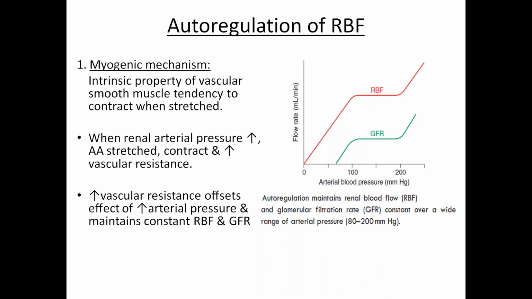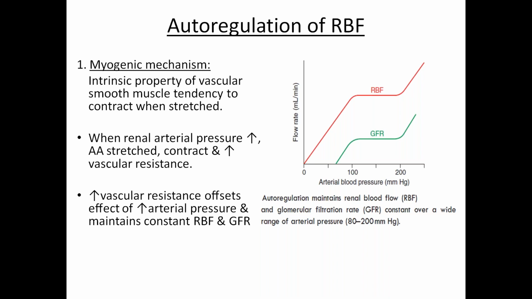Now there are two basic mechanisms of autoregulation. One responds to changes in arterial pressure and the other responds to changes in sodium chloride concentration of tubular fluid. Autoregulation is a very important concept of renal blood flow, a very important question also exam-wise.